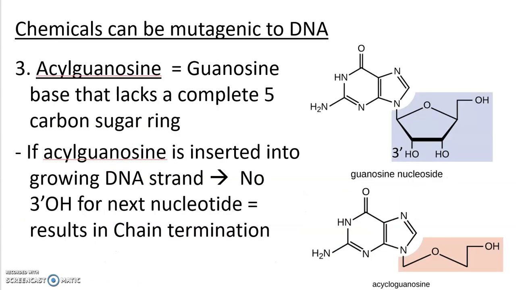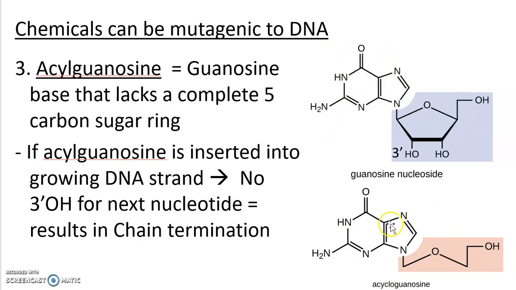If we look at this one, it's a really interesting example. Again, it's another completely synthesized base, but here, rather than changes to the nucleotide base, the changes are occurring in your sugar ring. We've got our guanosine nucleoside over here with your 5-carbon sugar and your base hanging off there. That is your guanosine.